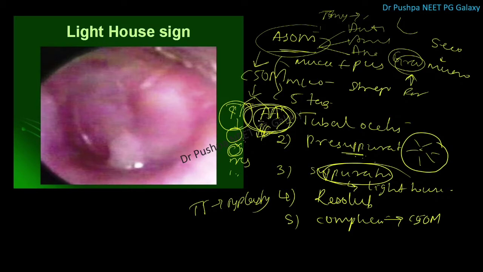In this we can see foul smelling discharge or bloody discharge. Polyp may be seen. In tubotympanic CSOM, the main aim of treatment is to improve the hearing quality, whereas the main aim of treatment in atticoantral type of CSOM is to reduce the complications.